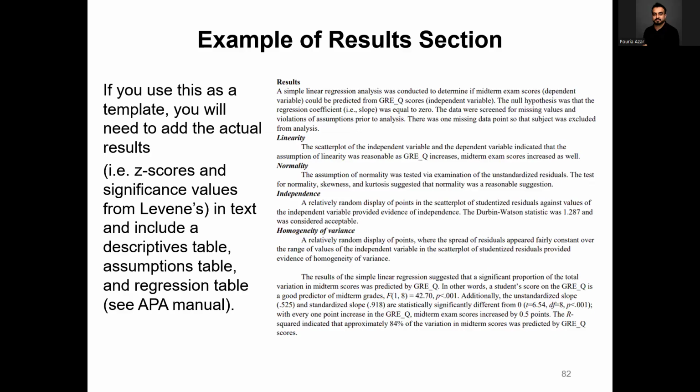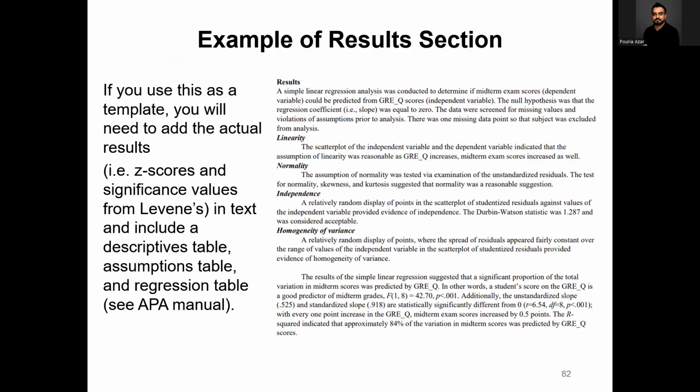This is an example of results section. So in your results section in the assignment, I would like to see different headings for your assumption testing. So you will have a heading for linearity, normality, independence, and homogeneity of variance or homoscedasticity. And then you will have to report your main regression analysis in your results section.